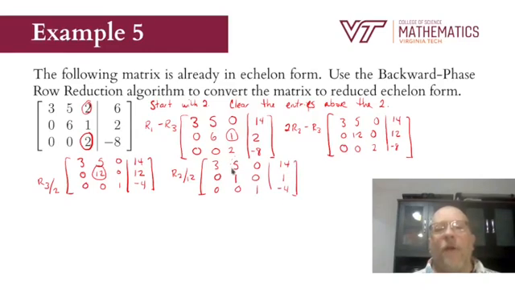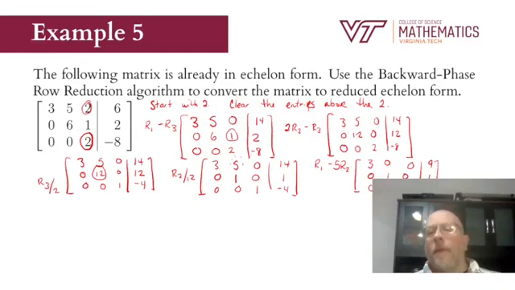Now we're going to get rid of this 5. So we're going to take row 1 minus 5 times row 2. 5 minus 5 is 0. 14 minus 5 is 9. And now this column has been reduced, and this column has been reduced.